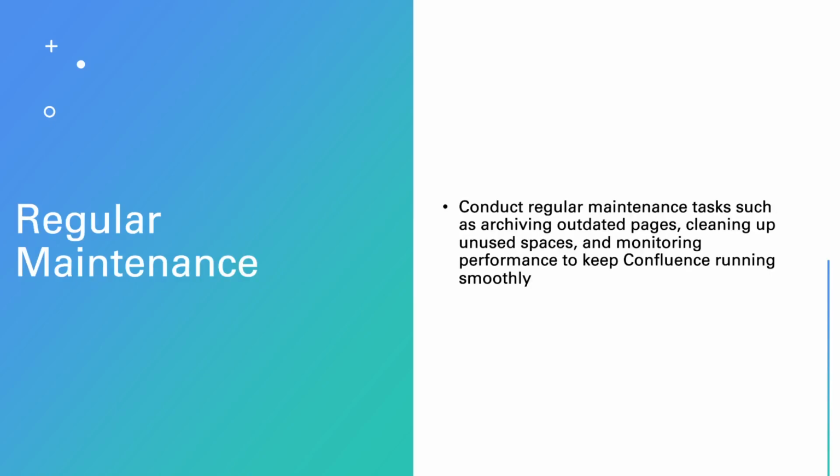Regular maintenance may be the most important thing. You need to conduct regular maintenance tasks such as archiving outdated pages, cleaning up unused spaces, and monitoring performance to keep Confluence running smoothly. We all know that Server doesn't exist anymore. I mean, it's there, but you're not getting any updates, so it sucks.